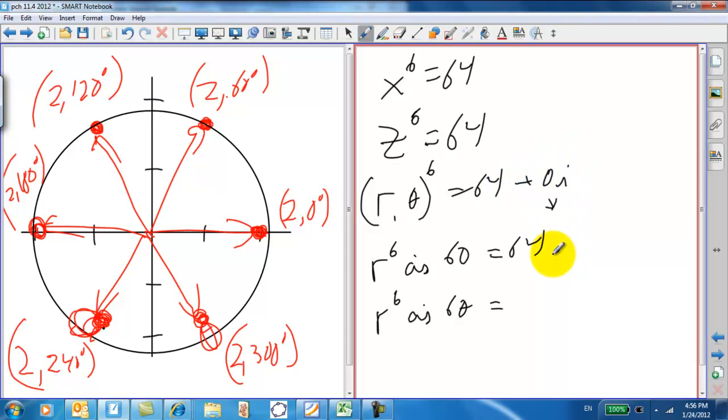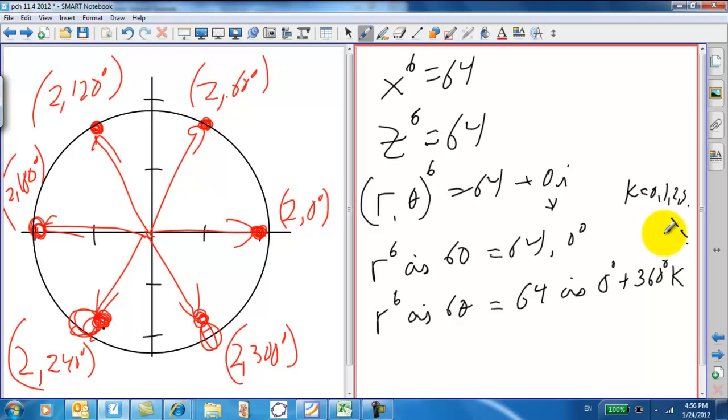In polar, it's 64 at an angle of 0 degrees. But don't just stop there because you only get one answer. You have to think 64 cis 0 degrees plus anything coterminal with that, so that's 360 n, or let's say k, where k equals any integer 0, 1, 2, 3, 4, and so forth.